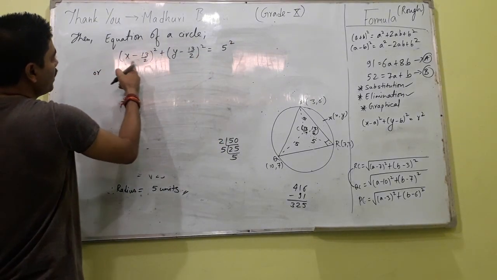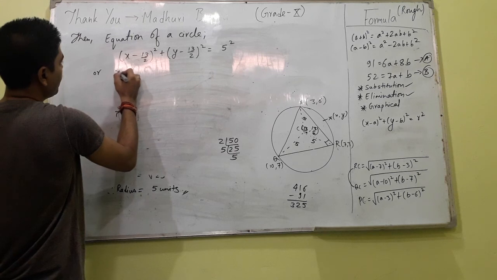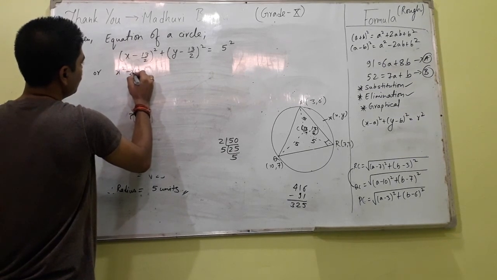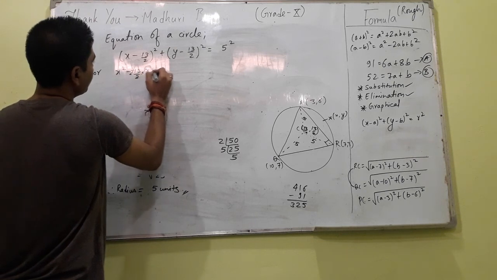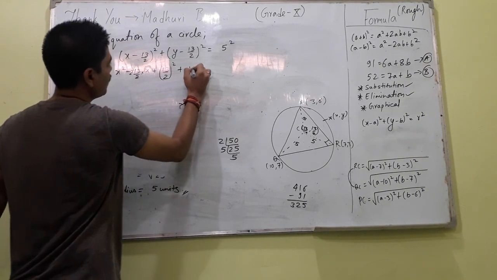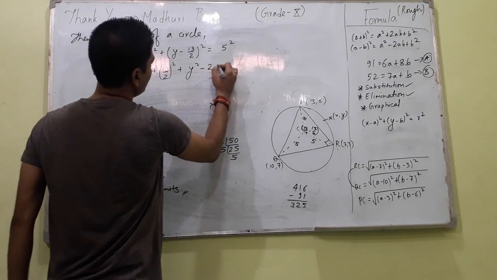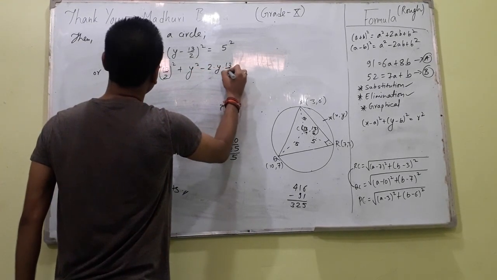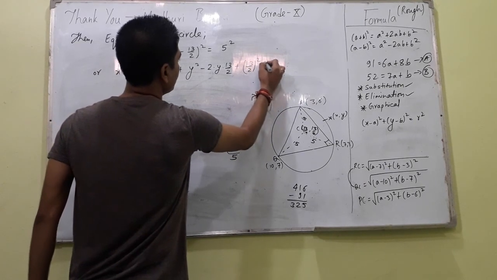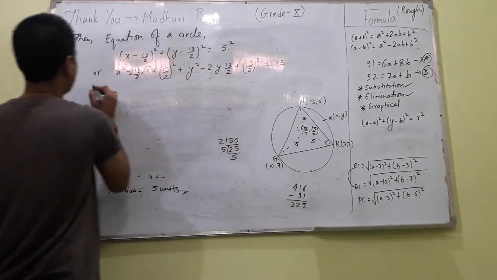Or now you can open the formula, x square minus 2 into 13 by 2 into x plus (13 by 2) whole square, y square minus 2 into y into 13 by 2 plus (13 by 2) whole square equals to 25.